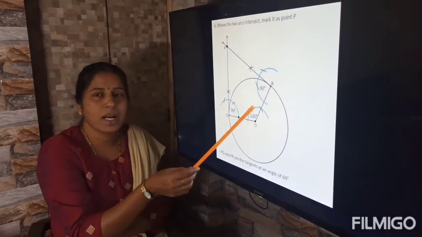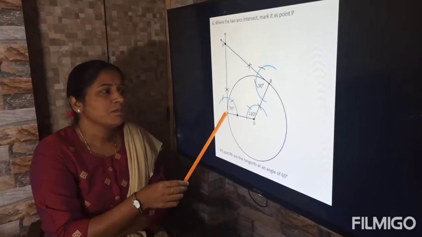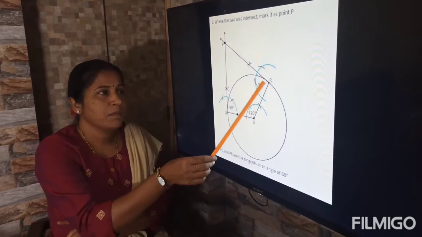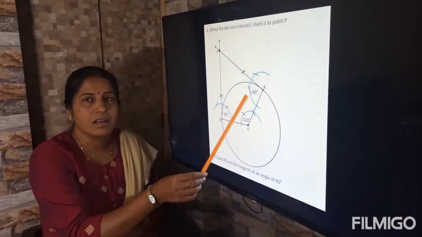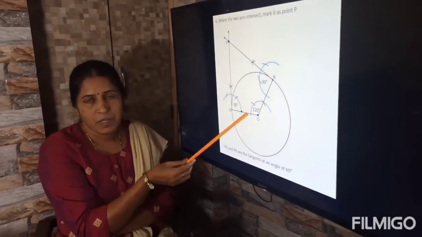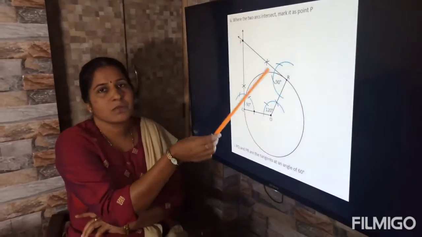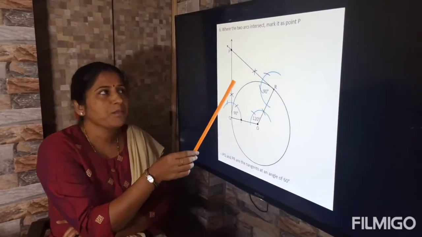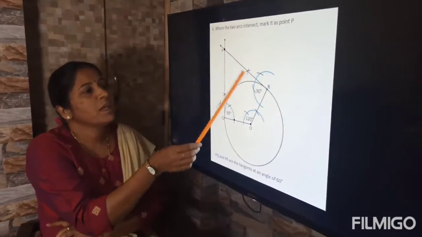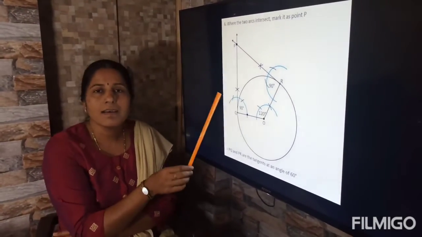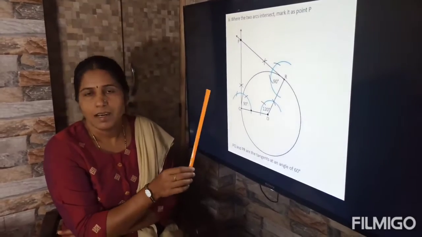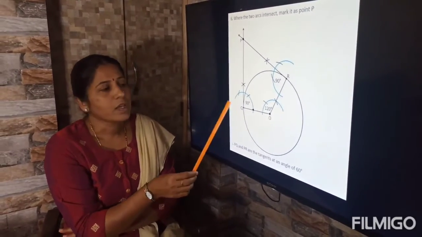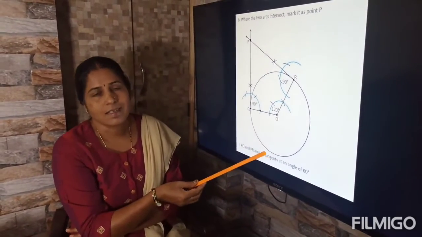You will get one more radius. At Q and at R, draw the perpendicular lines and produce those two. Those two are meeting at the point P. Those two, PR and PQ, are the required tangents. Understood, no? Okay, we'll go to the next construction.